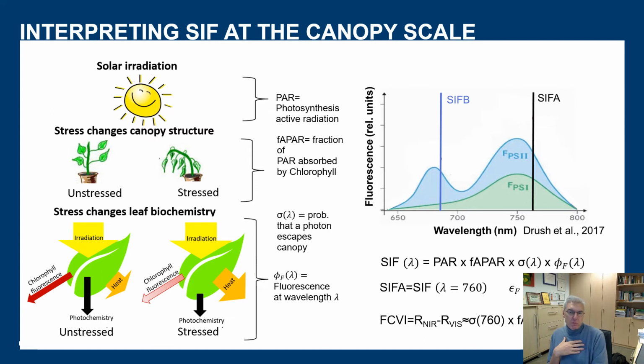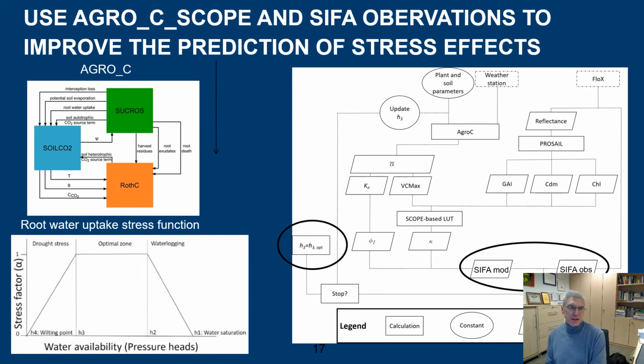And what we measure with our drones are two fluorescence signals. One is called the SIF-A and one is called the SIF-B. In this case, we will use the SIF-A signal at a wavelength of 760 nanometers. And this information is obtained from drones and injected into a simulation model to estimate the parameters that define the stress function. And this is shown schematically here. We again use the Agro-C model.